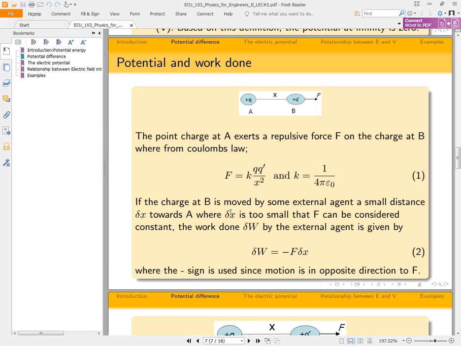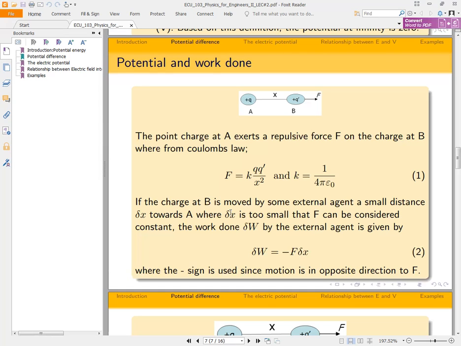So if the distance is delta x and the force involved is F, then the work done is the product of F and the small distance. The negative sign, I've explained, is because the direction of displacement and the direction of the force are opposite.